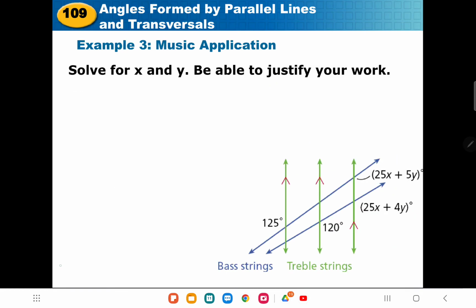Here's another application. We have multiple parallel lines that are crossed by transversals, and we have some pairs of congruent angles. There's one pair, and here's another pair. In blue, we have alternate exterior angles, and in red, we have corresponding angles.